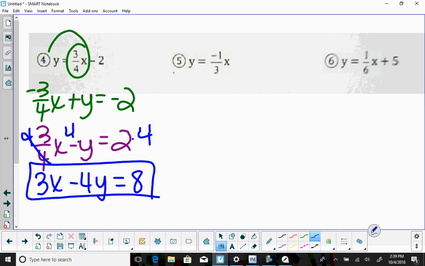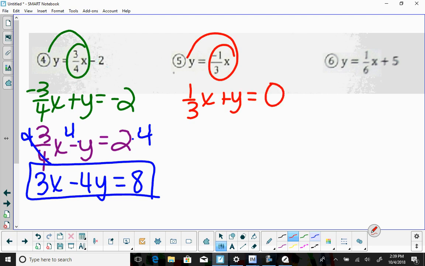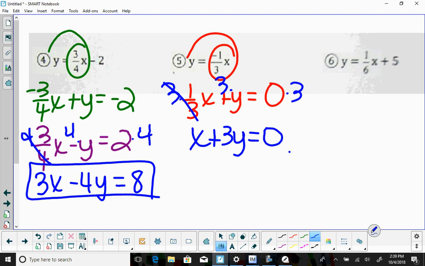And now I'm good to go. Okay, when I move the negative 1/3, this time it becomes positive 1/3. Remember, if there's nothing over here, we're going to set it equal to 0. And then I'm going to multiply by my denominator. So multiply everything by 3. And 0 times anything is 0.